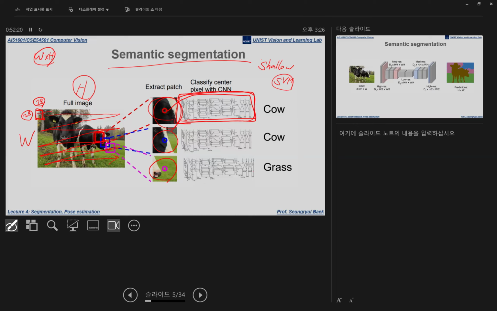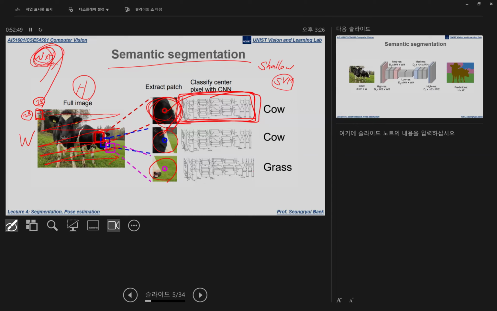But when using deep learning methods, these deep networks have many layers and take a lot of resources to infer once. It may take more than a few seconds even for a small patch, and one image has this many patches.